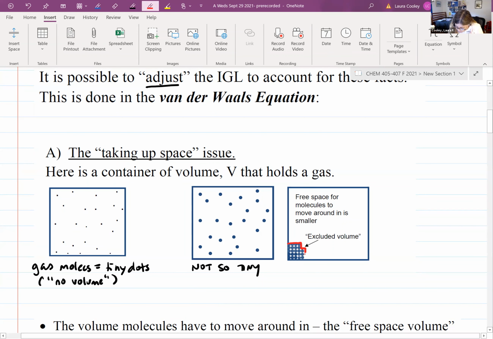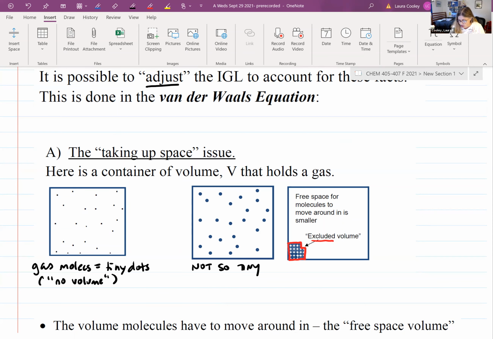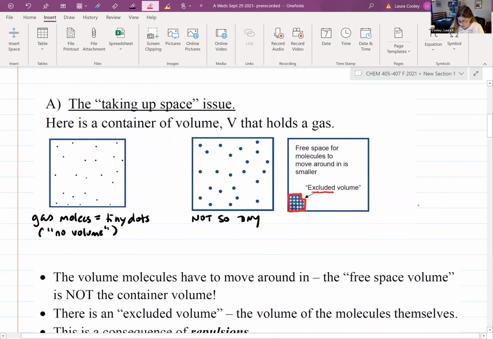So if you crowded all those molecules into the corner here, you would see that this red volume here is excluded. It is not included in the free space volume for molecules to move around in. So we call this excluded volume. And the reason why there is this excluded volume is that gas molecules cannot be on top of each other.